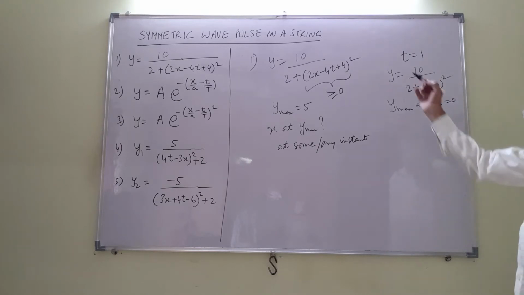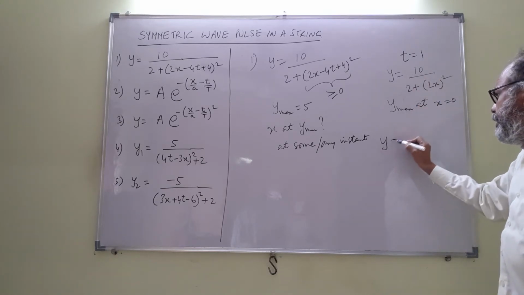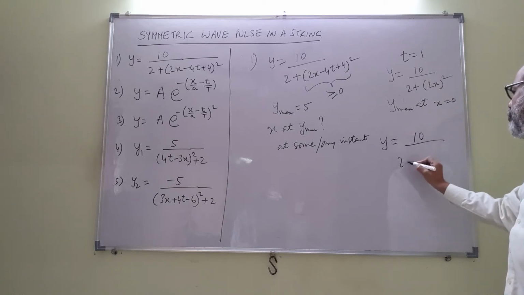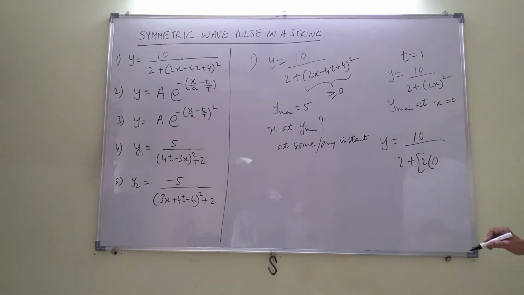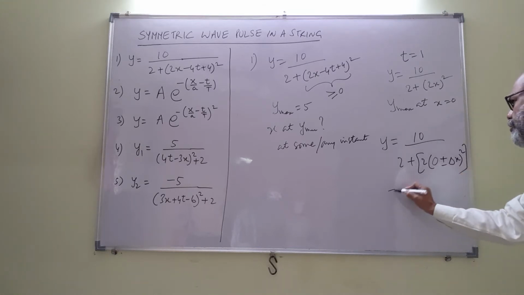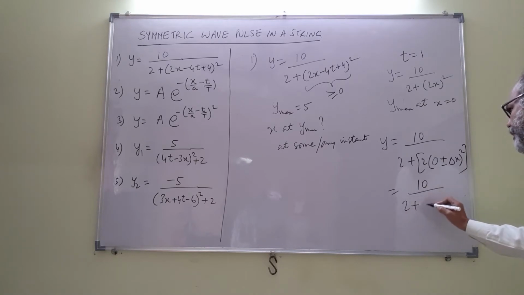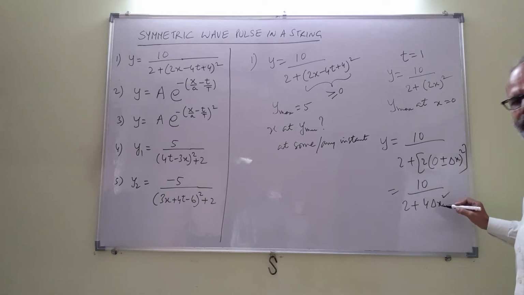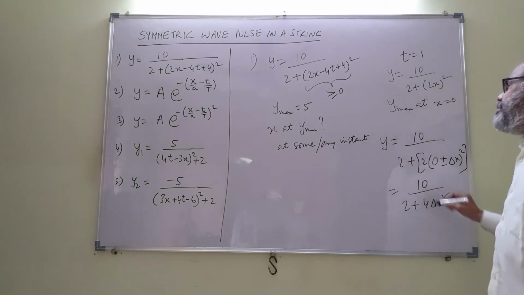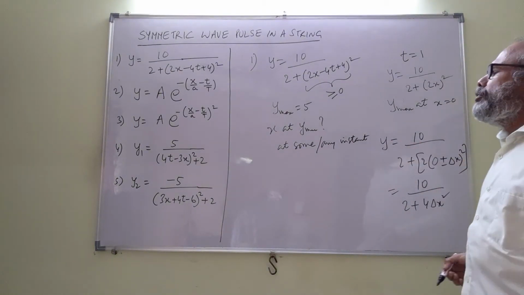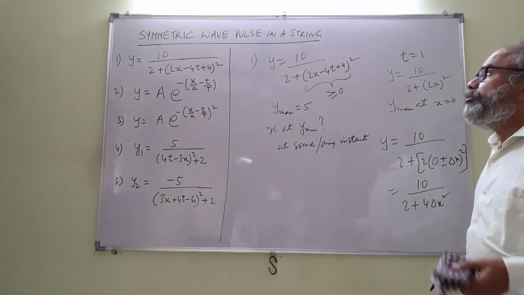So all that you need to check is y at 10 by 2 plus 2 into x, choose that x at which y is maximum, plus minus delta x the whole square. So this will again give you 10 by 2 plus 4 delta x squared. So again you find that whether delta x is positive or negative, y will have the same value. So therefore again we come to the conclusion that the pulse is symmetric.